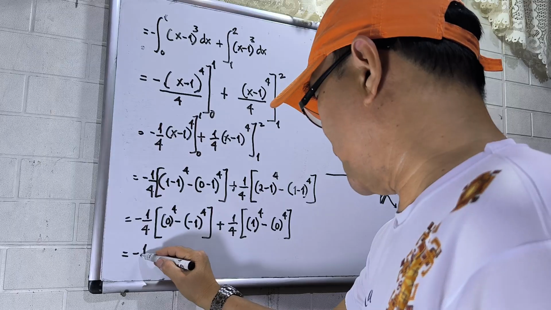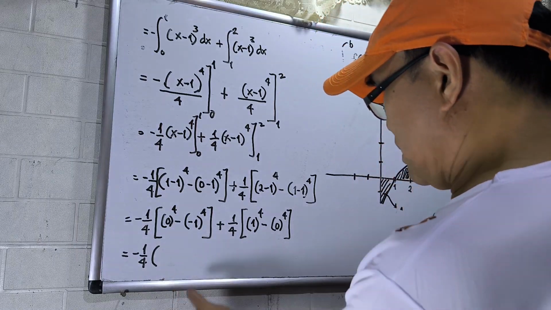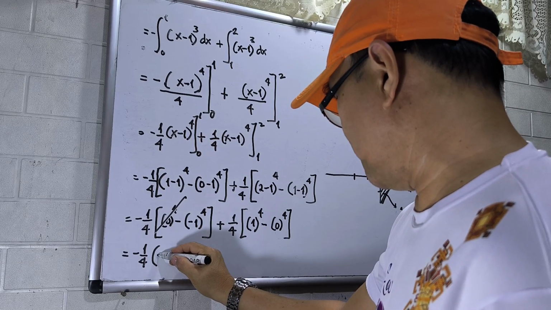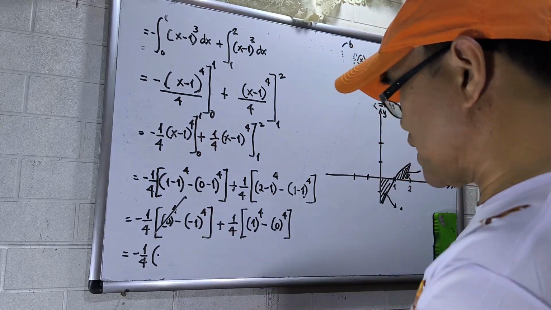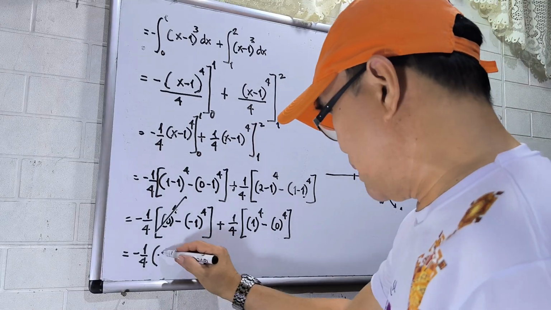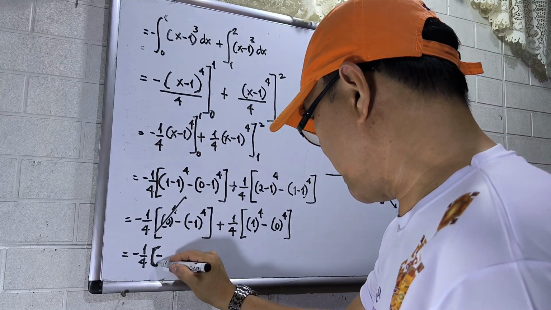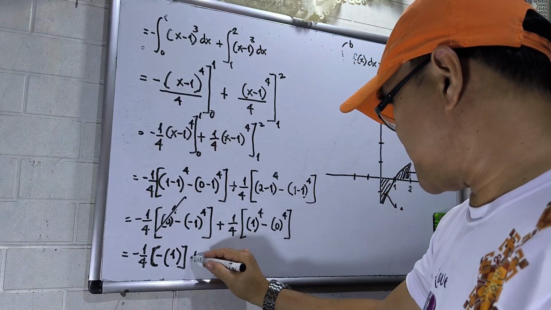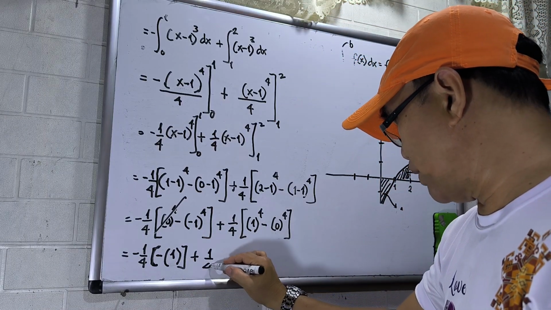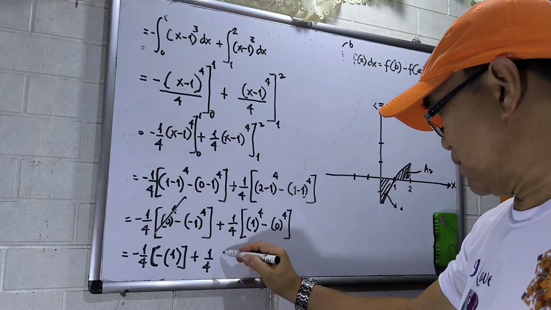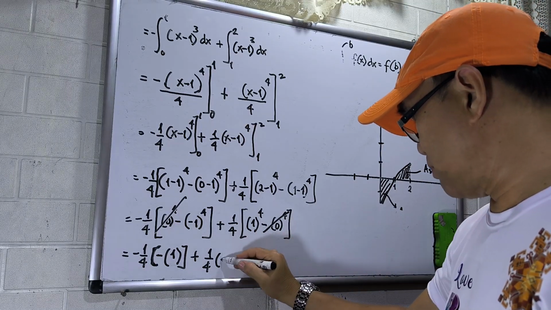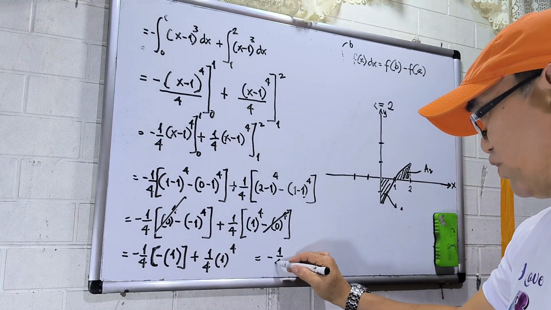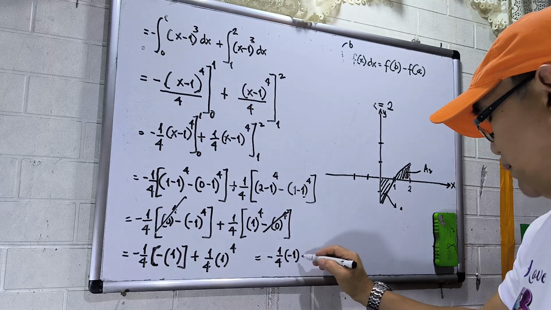So this will be negative 1 over 4. 0 will be crossed out. Because the exponent is even, this will be positive 1. So this will be negative, positive 1. Okay? Then plus 1 over 4, this will be 0, so this will be 1 to the 4th. So this will be negative 1 over 4 times negative 1.